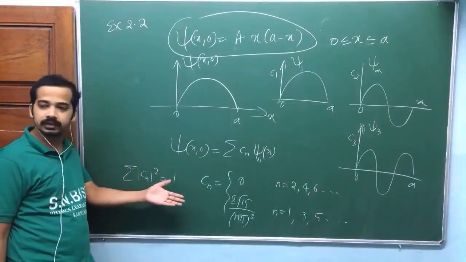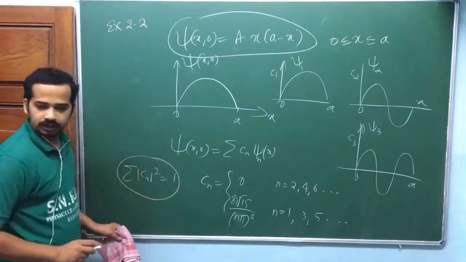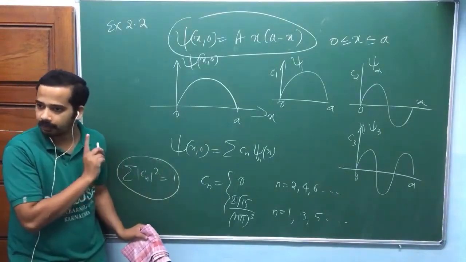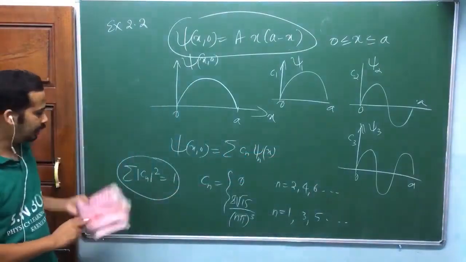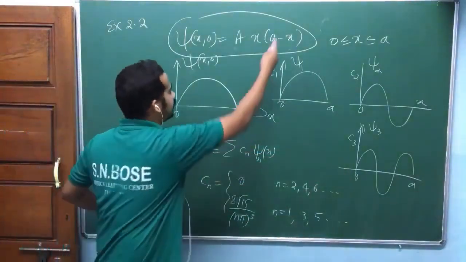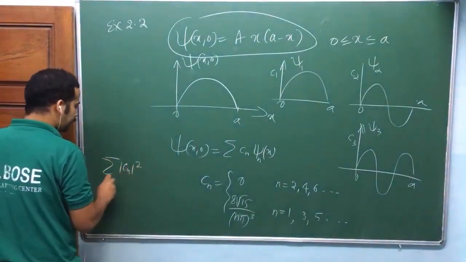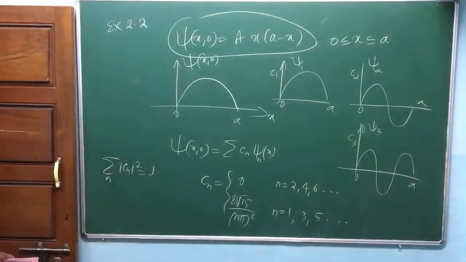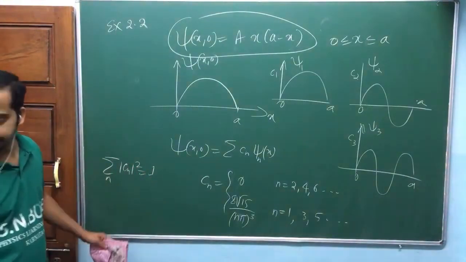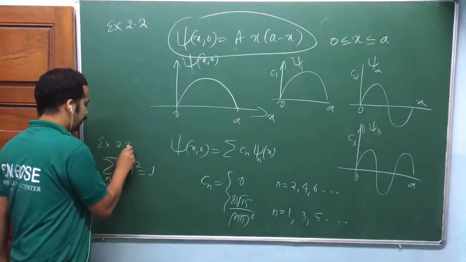This will become an infinite series. So that's why this process of normalization is very difficult in this particular problem. Are you getting my point? Because it's an infinite series. So that's why we normalize in the beginning itself, so that later we check whether the summation over mod Cn square is equal to 1 or not. That's what is checked actually in example number 2.3, isn't it? In example number 2.3, he has checked again.